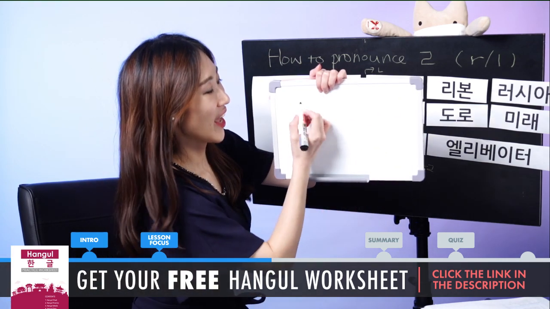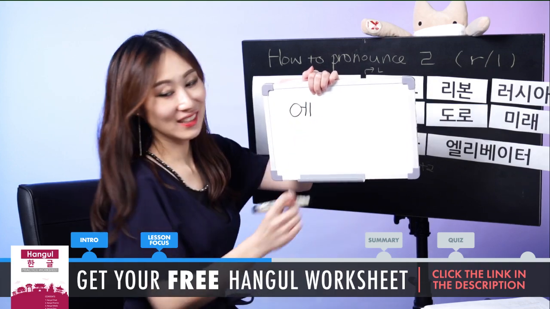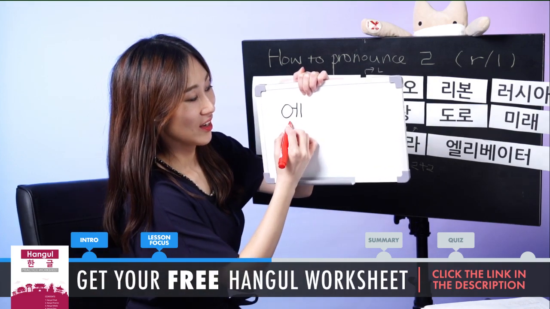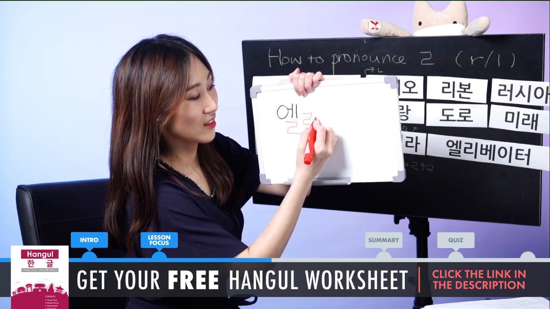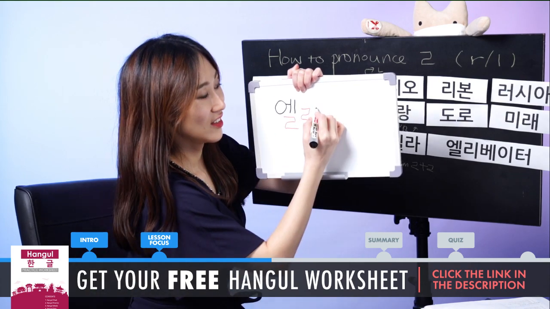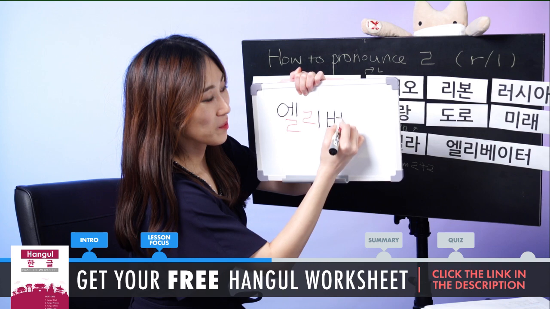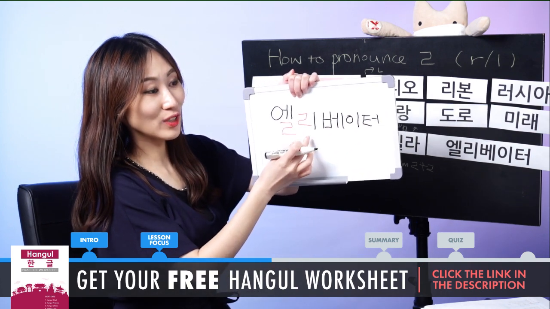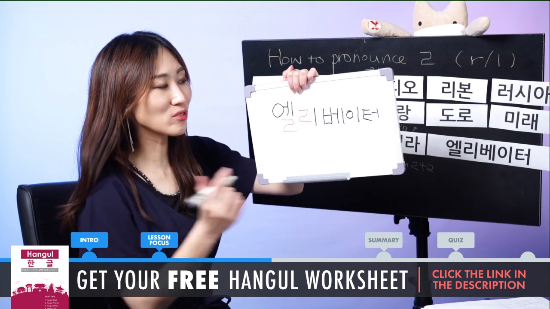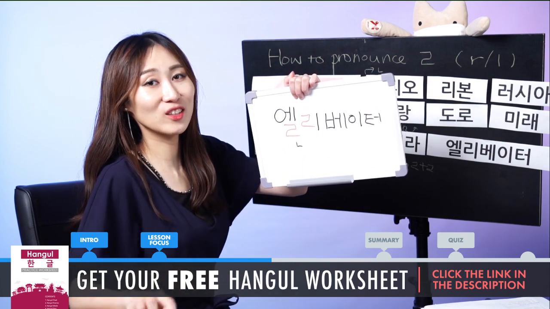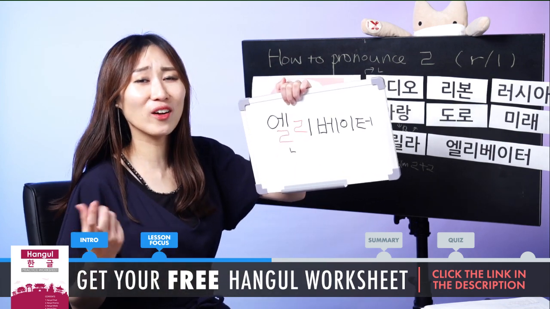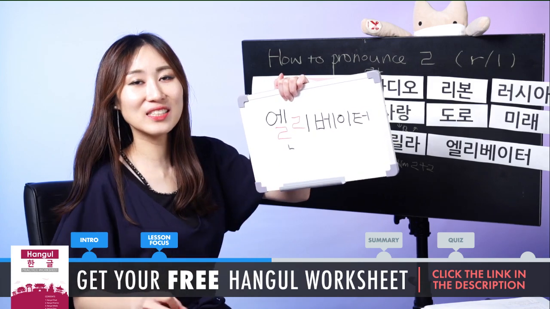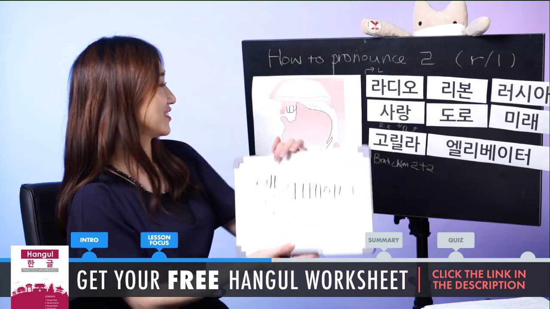Okay, so this is A, right? Oh, there are two here at the same time, so it sounds like LL, but it's not like English L. It's not elevator, it's elevator.